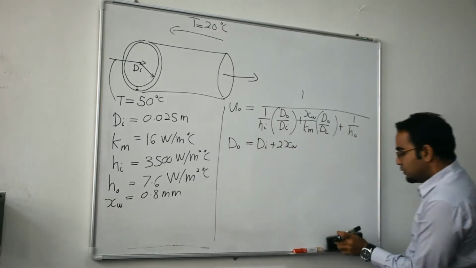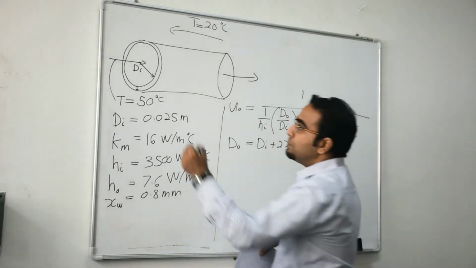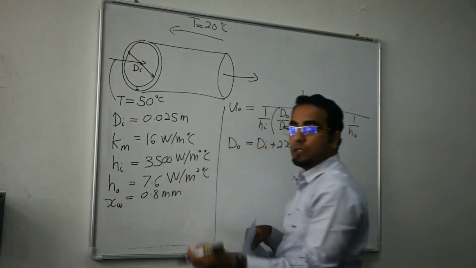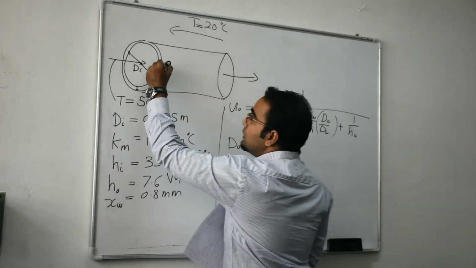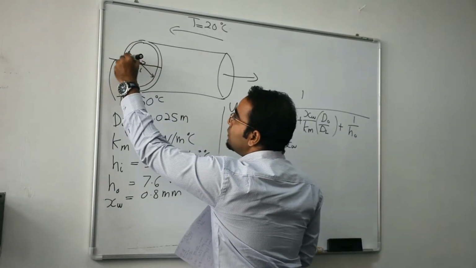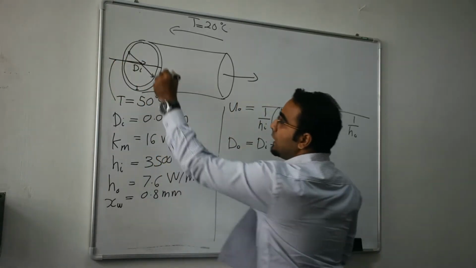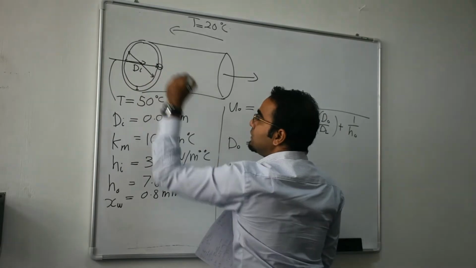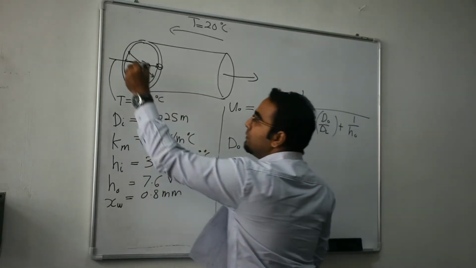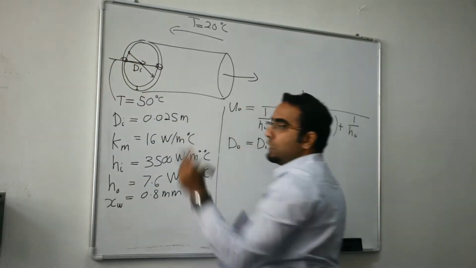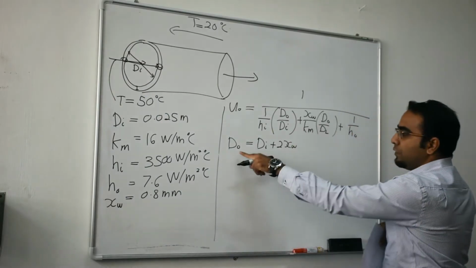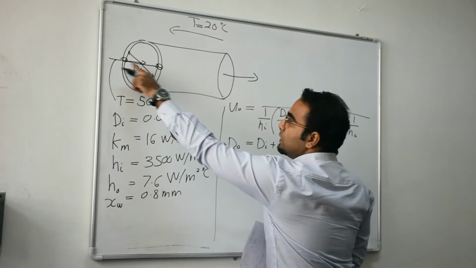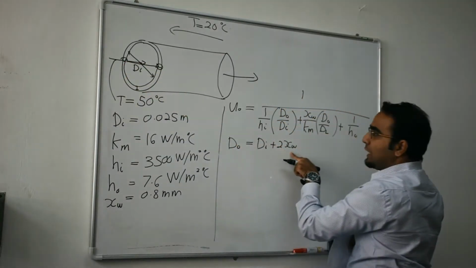Why? Because we know that our di is from this point to this point, this whole thing is di, and DO is from this point up to this point. So this is our di, and this one is our thickness xw, and this is also a thickness. So in order for us to calculate the value of DO, it is di, this one to this one, plus 2 times xw.